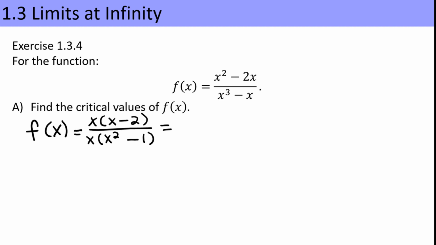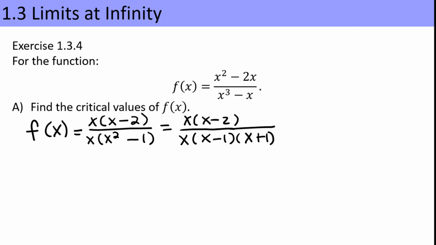X squared minus 1 is a reducible quadratic, so let's write the numerator again as x times x minus 2. And the denominator would be x times, and x squared minus 1 is a difference of squares, so we'll write that as x minus 1 times x plus 1.